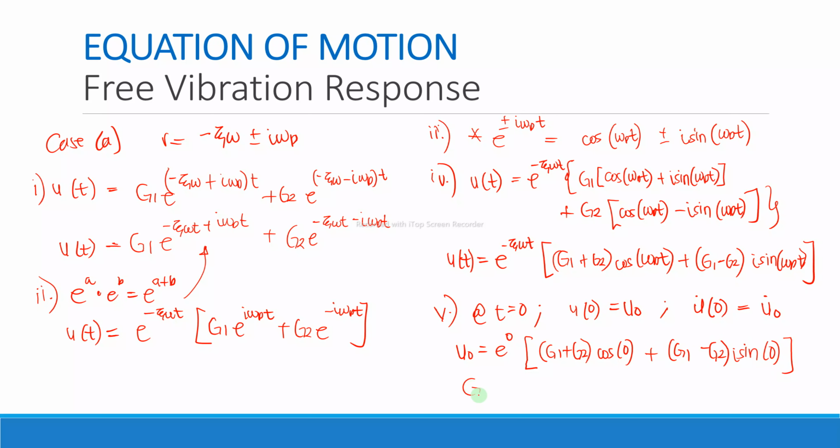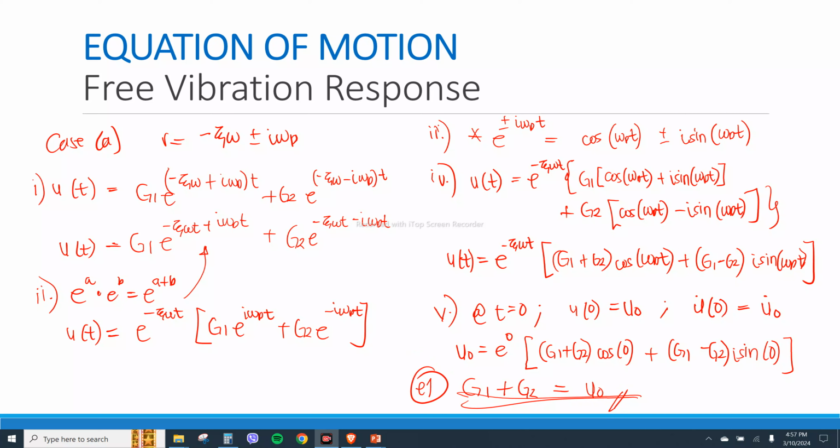Or simply, we'll have g1 plus g2 is equal to u naught. Let's say this is our equation 1. Okay, let's proceed.